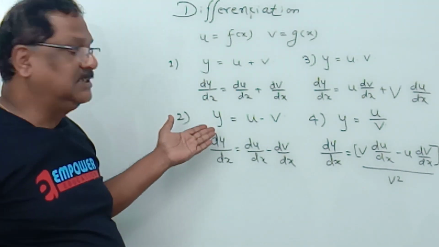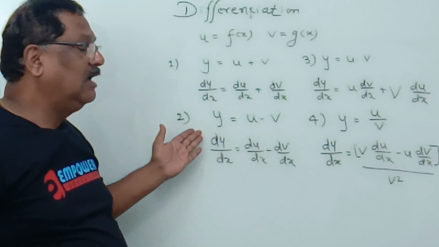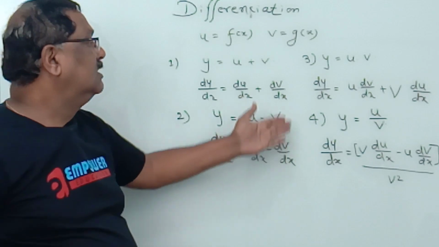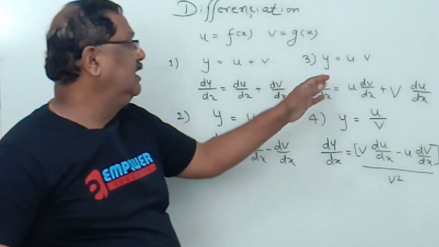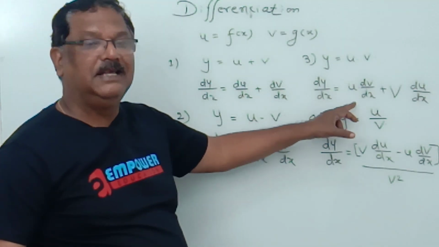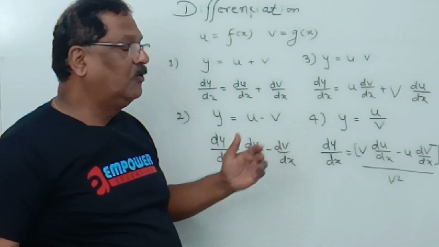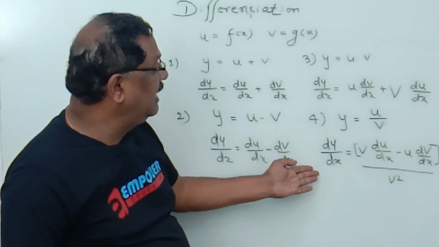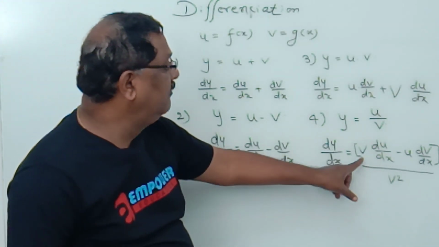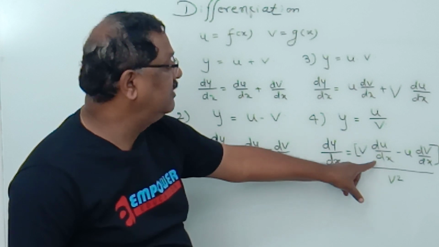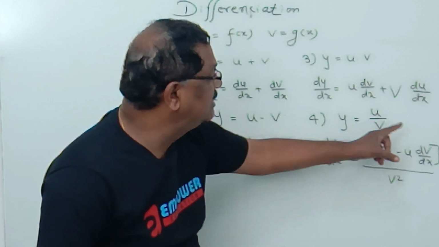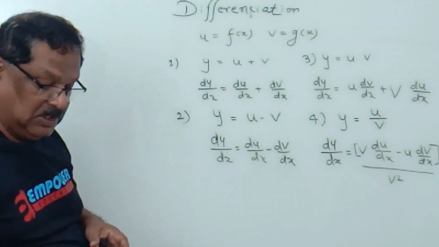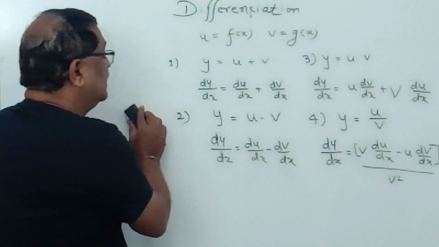For subtraction, y is equal to u minus v, the derivative of y with respect to x is du by dx minus dv by dx. For multiplication, u into v, dy by dx is equal to u dv by dx plus v du by dx. And the fourth operation, division or quotient, y is equal to u upon v, dy by dx is equal to the denominator v times du by dx, the derivative of the numerator, minus the numerator into the derivative of the denominator, dv by dx, upon the denominator square. So these are the normal rules for differentiation.